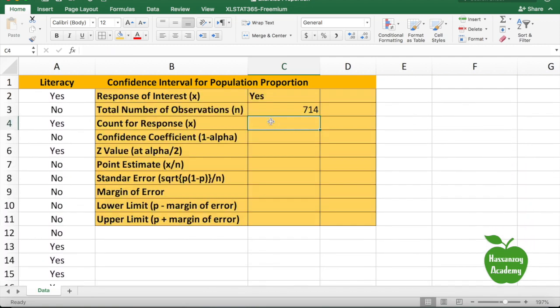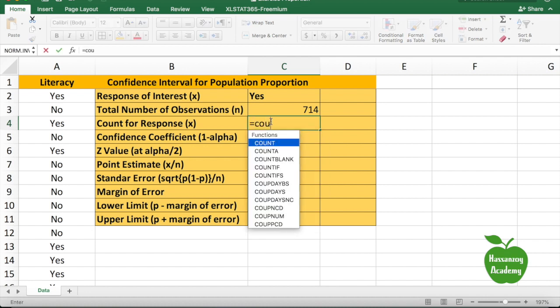Second, we want to know the number of observations who possess the characteristic of interest or the response of interest, which is yes. Or in other words, we want to find out how many farmers are literate among the 714 farmers. So we type equal to and use the COUNTIF function of Excel.